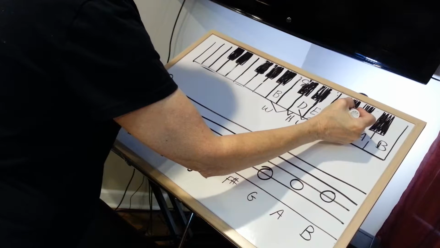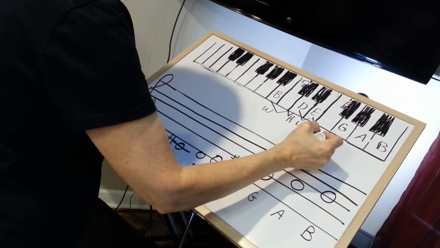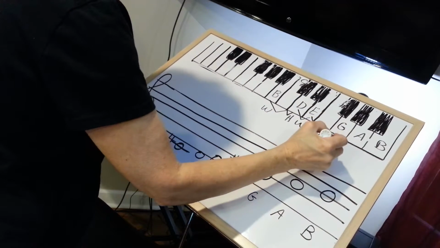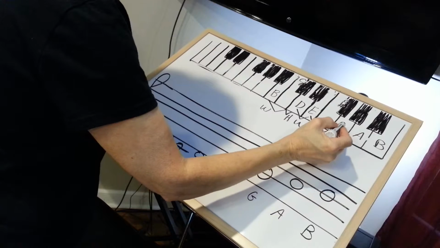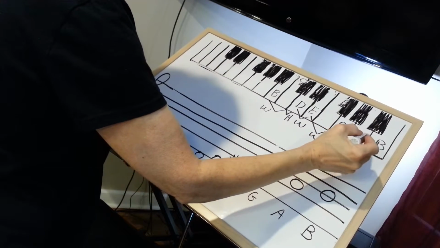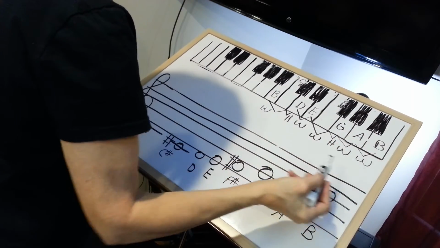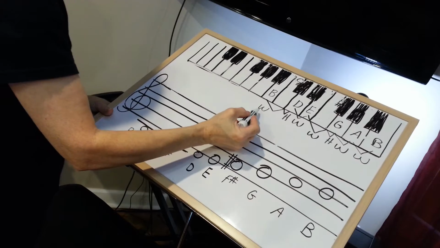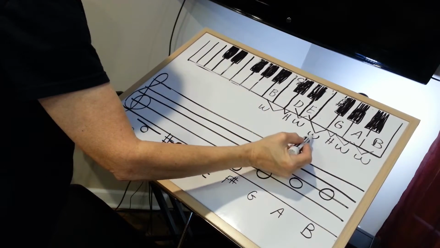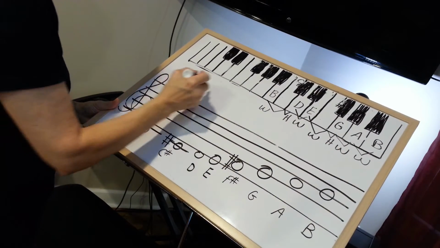E to F sharp, see I'm skipping the white key, is a whole. F sharp to G is a half. G to A is a whole. And A to B is a whole. So what scale is represented by whole, half, two wholes, half, two wholes? Is it major or minor?